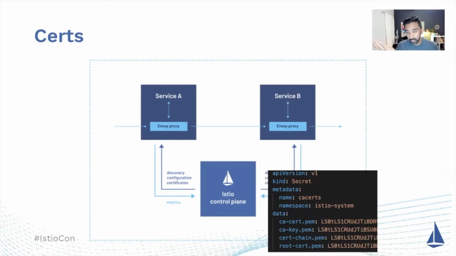The best practice for running in production is that you don't use that self-signed feature and instead use some external service to create and store your root CA. And from that root CA, you generate an intermediate CA, which you provide to your workload cluster. So in this case, that CA cert secret has information about that intermediate CA that you want Istio to use.